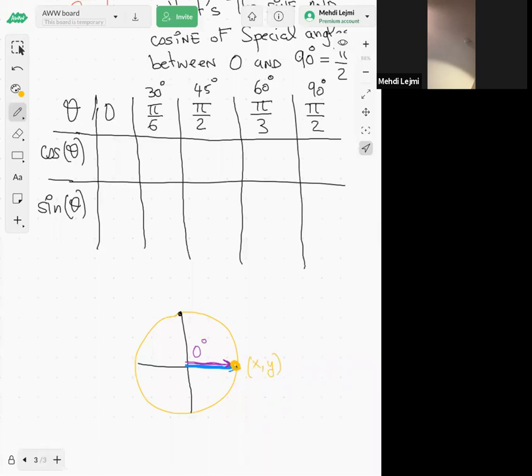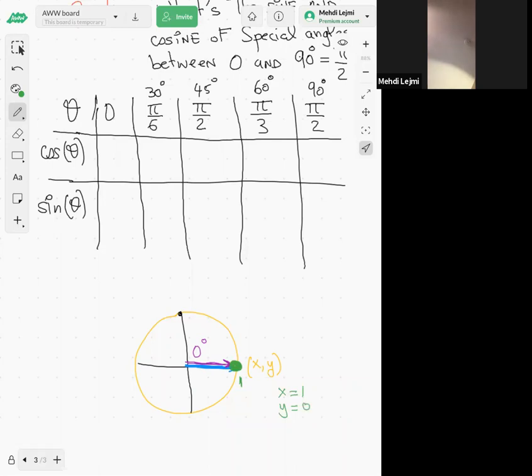Now, what will be the x here for the 0 angle? Well, the x coordinate here is 1, right? So when the angle is 0, x would be 1. And what will be y? Because the point lies on the x-axis, the height is 0. So y is 0.